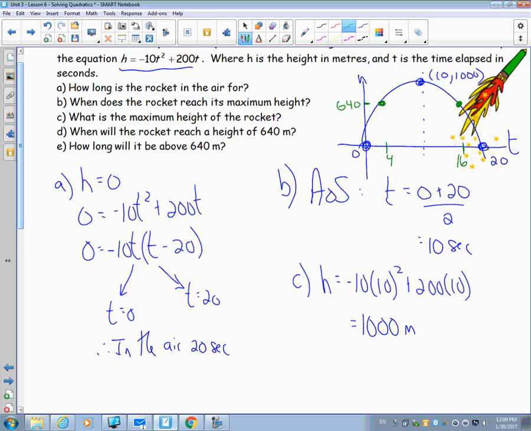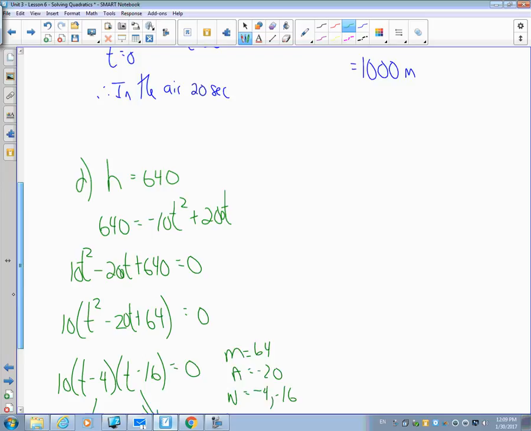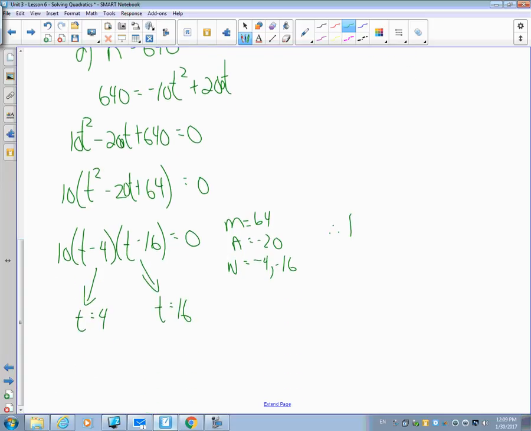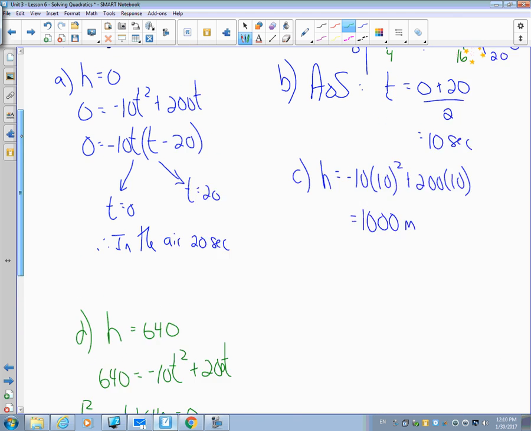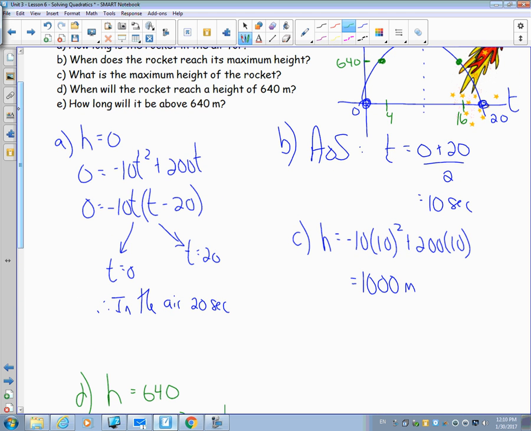Okay, so when does the rocket reach a height of 640? It reaches 640 meters at 4 seconds, and again, on the way down, at 16 seconds. And then if we go to the last part, it says, how long will it be above 640?